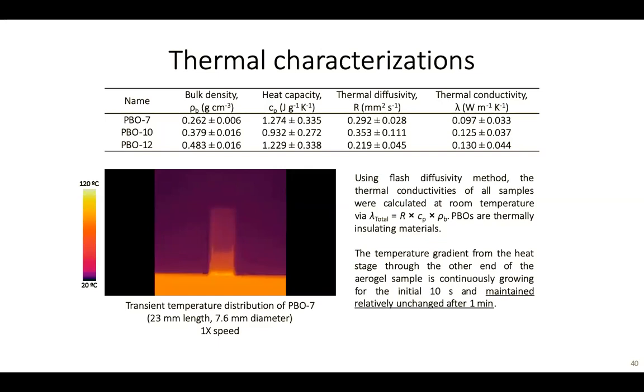You can see that the temperature can rise, and after 10 seconds the temperature gradient is pretty much as this. So we have really good thermal insulation still in this material. The length of this sample is about 23 millimeters.